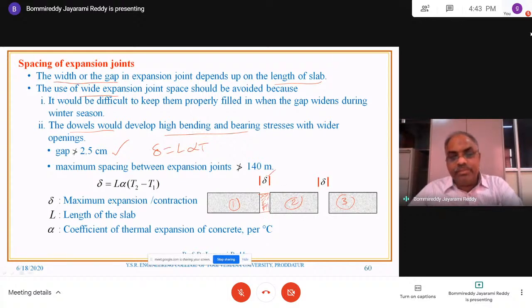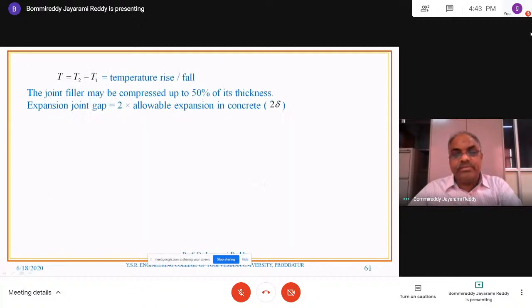So though the spacing between these two is delta, the joint filler may be compressed only 50%, and the remaining 50% is the only part allowed to expand or contract. So that's why the gap means it is 2 times the allowable expansion of the joint.